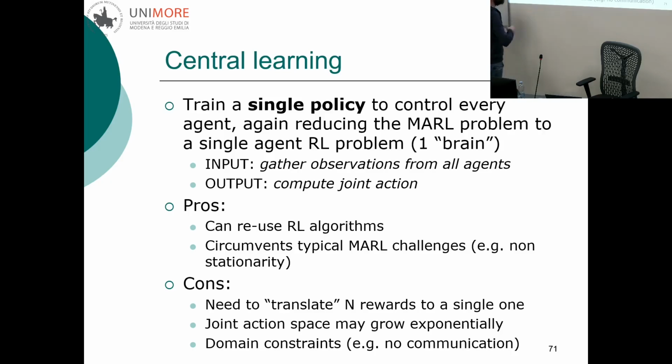Another benefit, instead, is that by modeling the problem in this way, typically, you don't have the typical challenges of multi-agent reinforcement learning. Why? The moving target problem is no longer there because you are commanding all the agents. So the environment is still stationary. There is no other agent that I'm not considering that can mess up my environment. All of the agents are controlled by me.